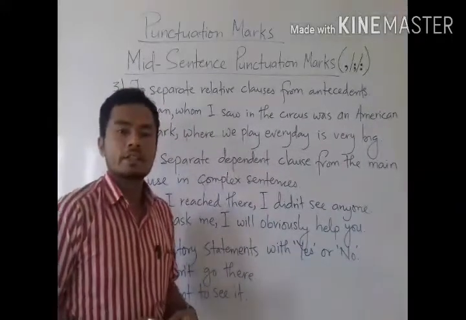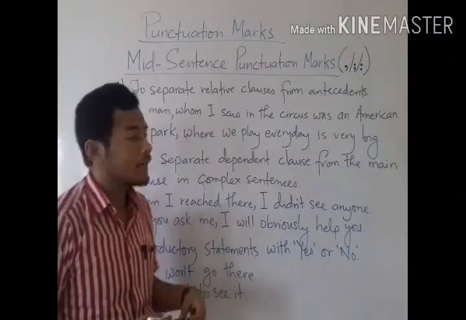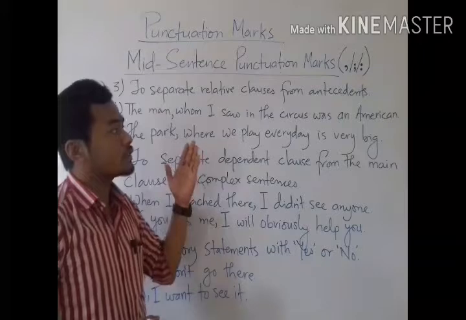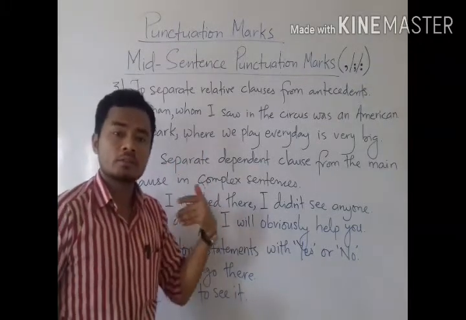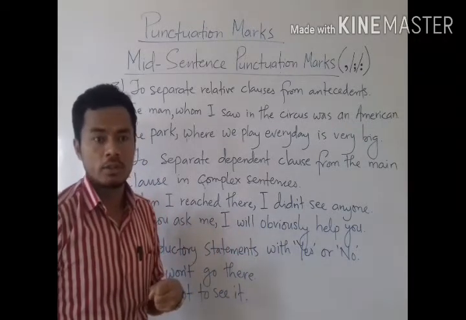The next condition in sentences when we have to use a comma is number 3, to separate relative clauses from antecedents. Relative clauses are the clauses which are formed by using WH words.